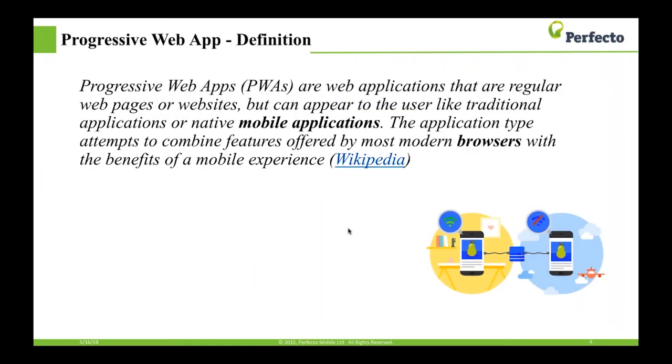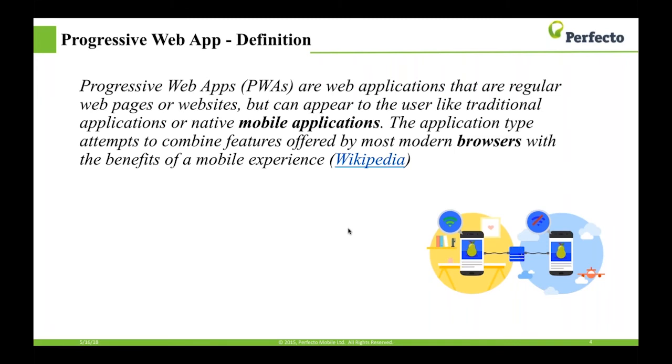I think that what we want to start with is the definition of what is a progressive web app. Wikipedia defined it as a web application that is a regular web page or website, but can appear to the user like a traditional application or a native mobile application. What it actually means is, if you're familiar with web applications, especially responsive web applications, these apps are seamlessly presented across smartphones, tablets, and desktop browsers.